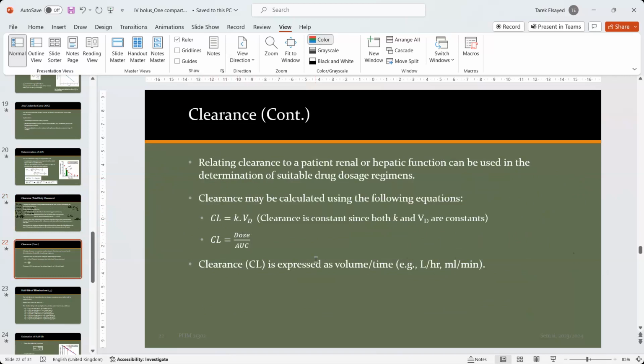So if you give a certain dose to an individual, you can take the samples and determine the concentration over time, and then you can calculate the area under the curve. You know already how much dose you give, then you can estimate the clearance equal to the dose divided by AUC.